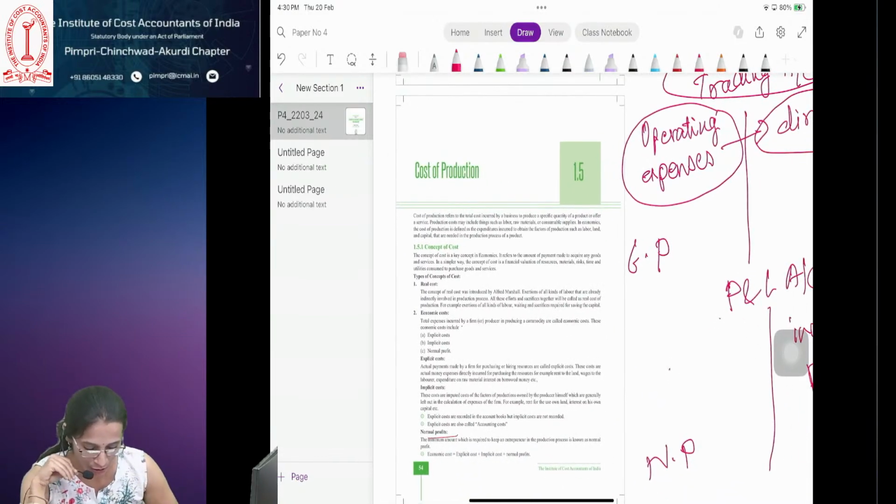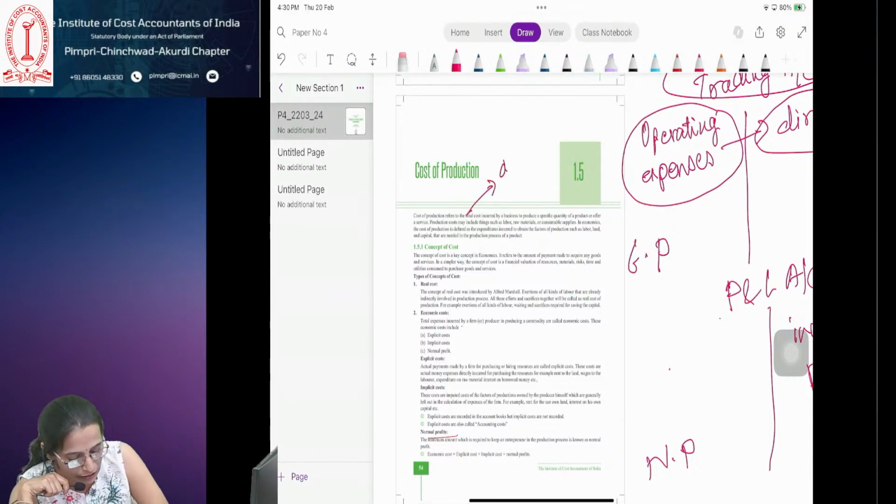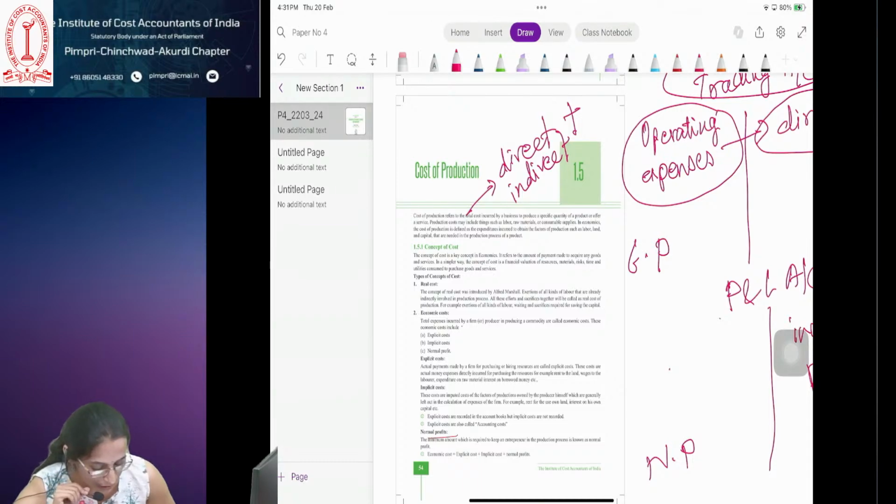Cost of production refers to the total cost. Direct cost, indirect cost. Total cost is what type of cost? Costs are of two types, direct and indirect. So total means direct cost plus indirect cost incurred by a business to produce a specific quantity of a product or offer a service.